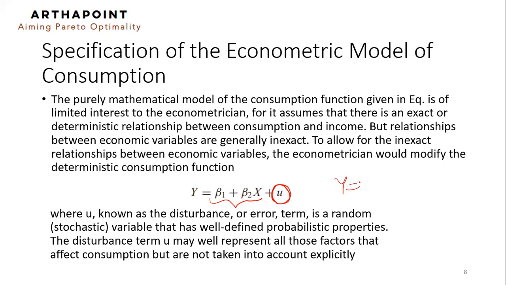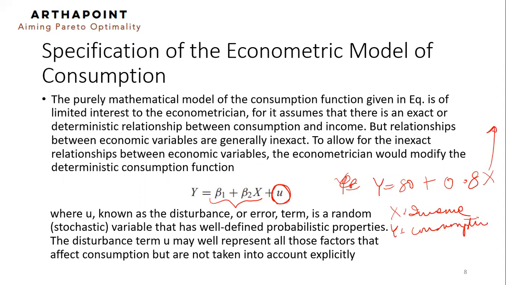Supposedly you predict a relationship like this, that y is equal to 80 plus 0.8x, where x is income and y is consumption. And I ask you what happens when your income is 100. You tell me that when income is 100, consumption would be 80 plus 0.8 into 100, and so consumption would be 80 plus 80, 160.